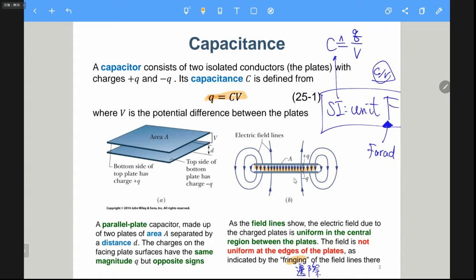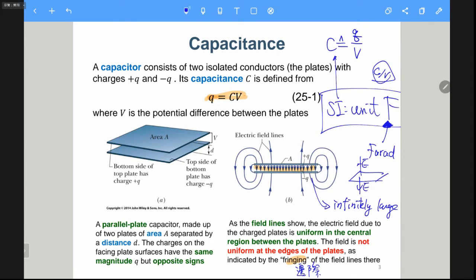In the previous chapter, what you learned is that if the parallel plate is infinitely large, then it will generate a uniform E field between the plates, or at least even if one plate is infinitely large, it will generate an E field like that.